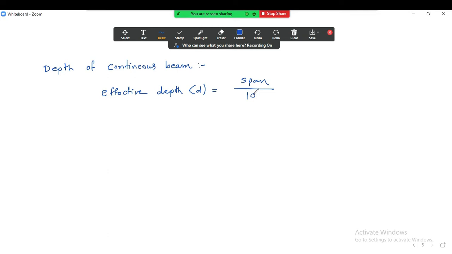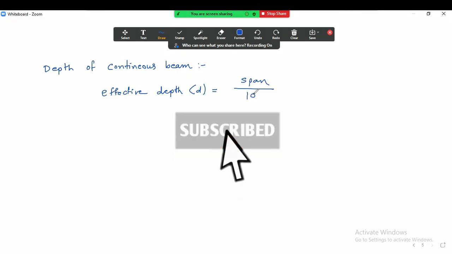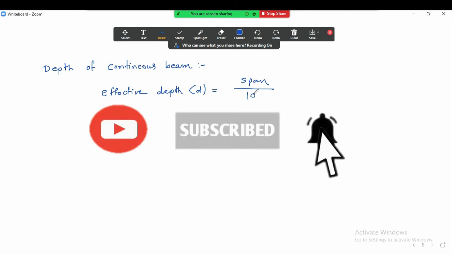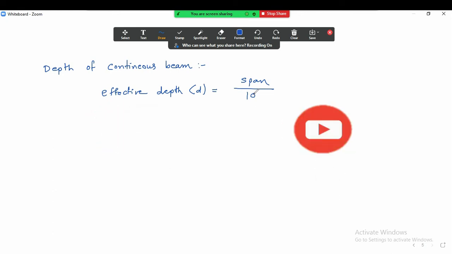When your number of equilibrium equations are more than or equal to your number of unknowns, you can solve all the unknown components. You can find all the reactions by using the equations of static equilibrium only.